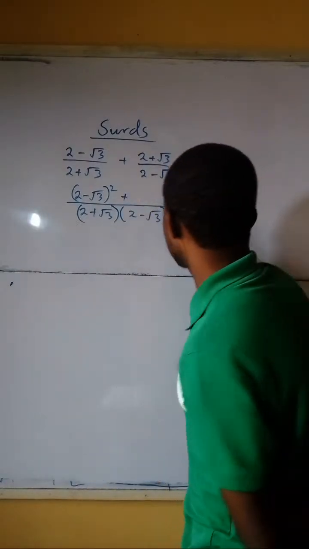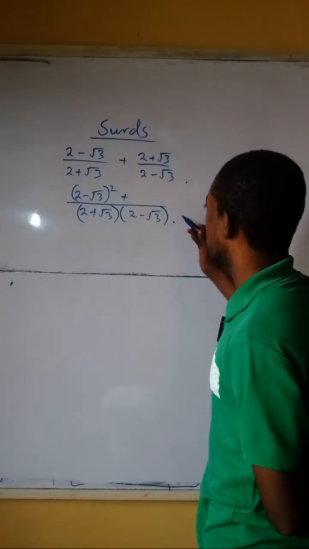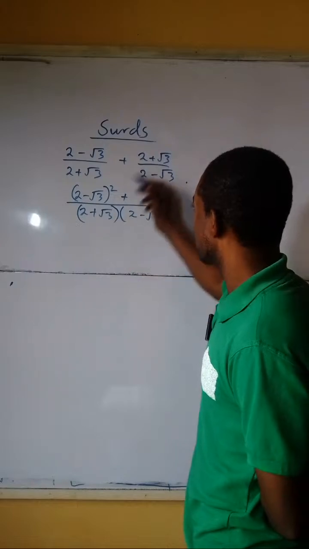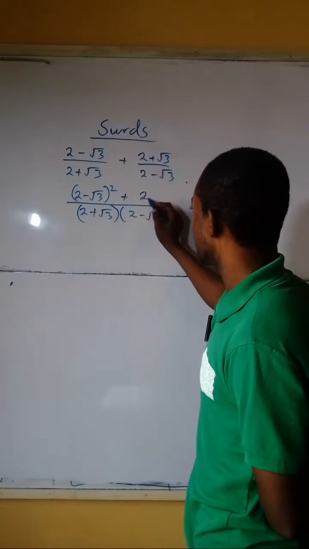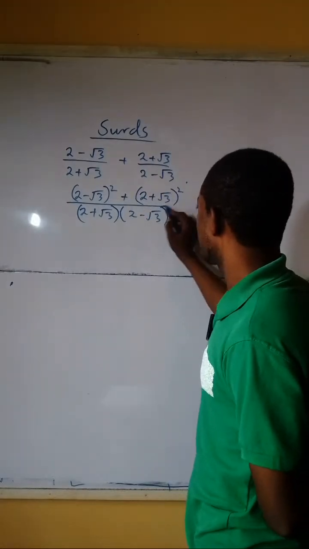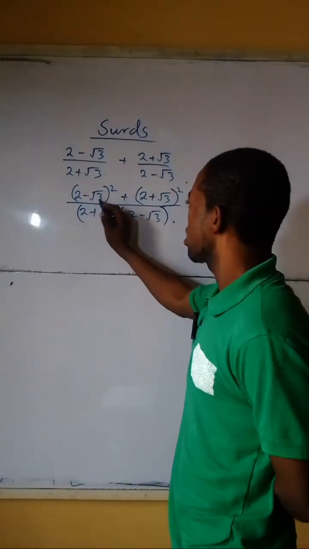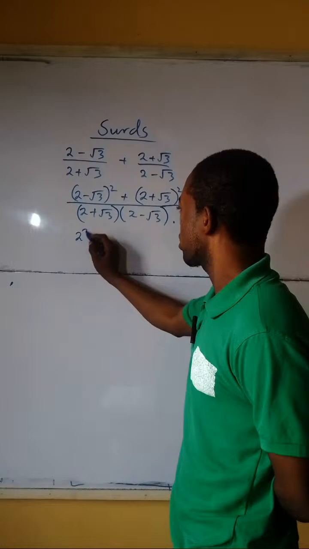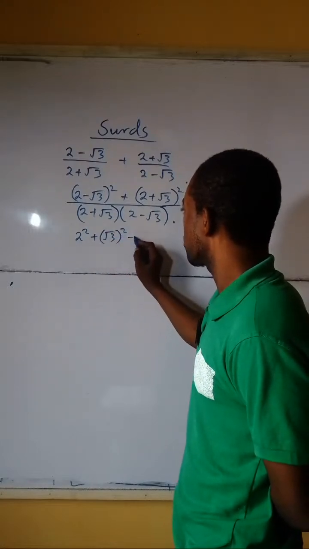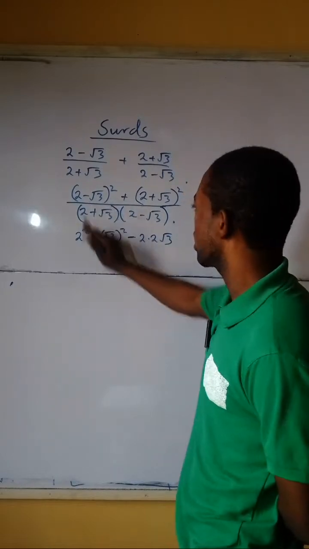Then plus, also here, 2 minus root 3 goes here, so 2 minus root 3 cancel each other. We are left with 2 plus root 3, then 2 plus root 3 times 2 plus root 3, which also becomes 2 plus root 3 squared. Then from the expansion, this gives us 2 squared plus root 3 squared minus 2 times 2 times root 3 for the first bracket.